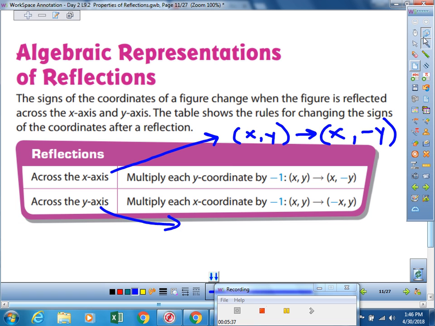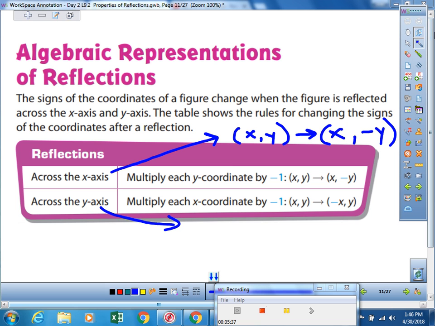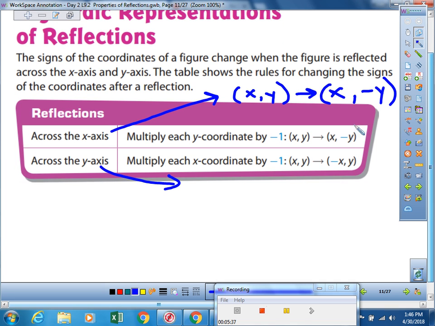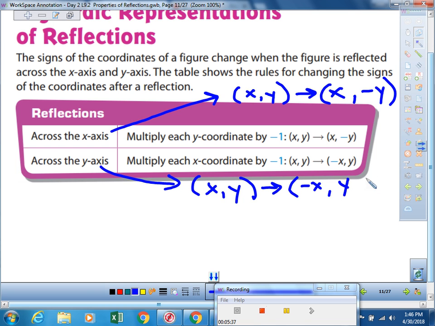When you go across the y-axis, you're going to leave the y alone, and the x becomes negative. So whichever one you're going over, that's the variable you're going to leave alone. The other one becomes negative. And I'll show you why in just a minute. I just wanted to give you the rules. Did you write that down already? Quick.